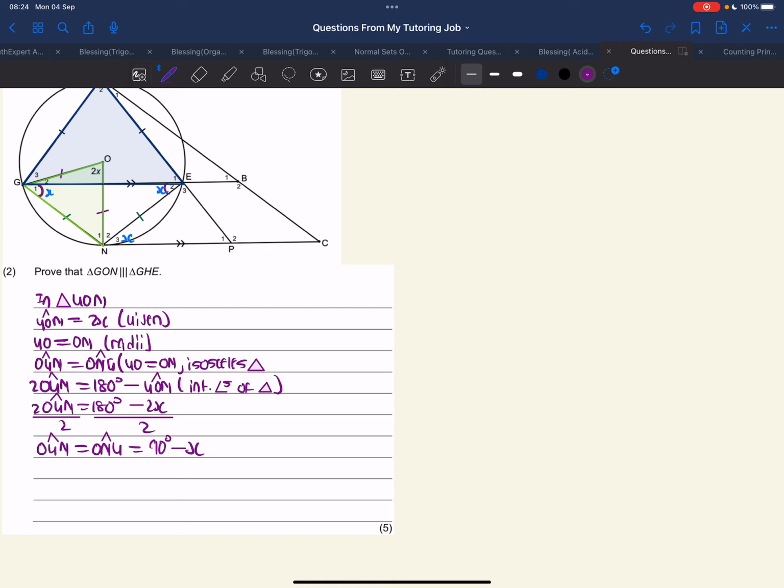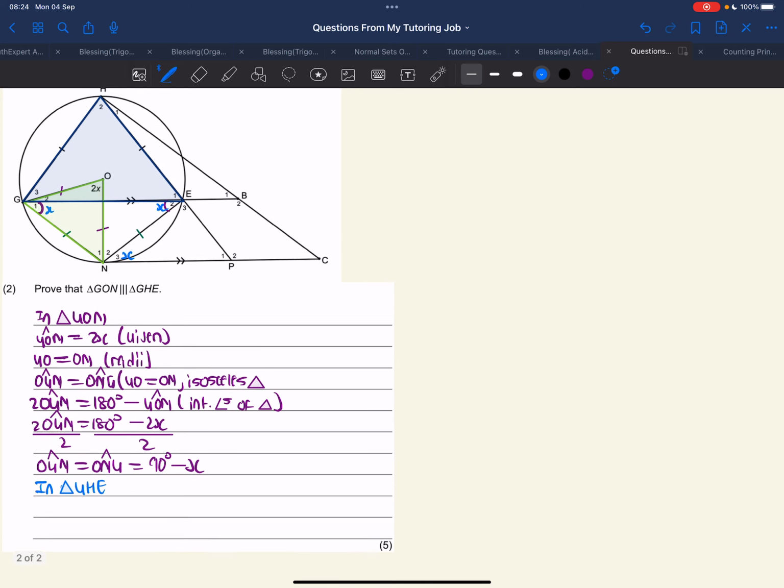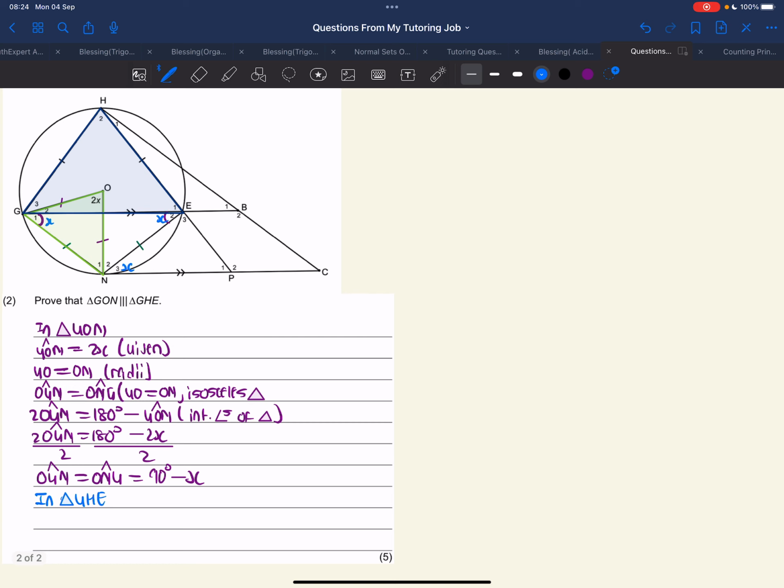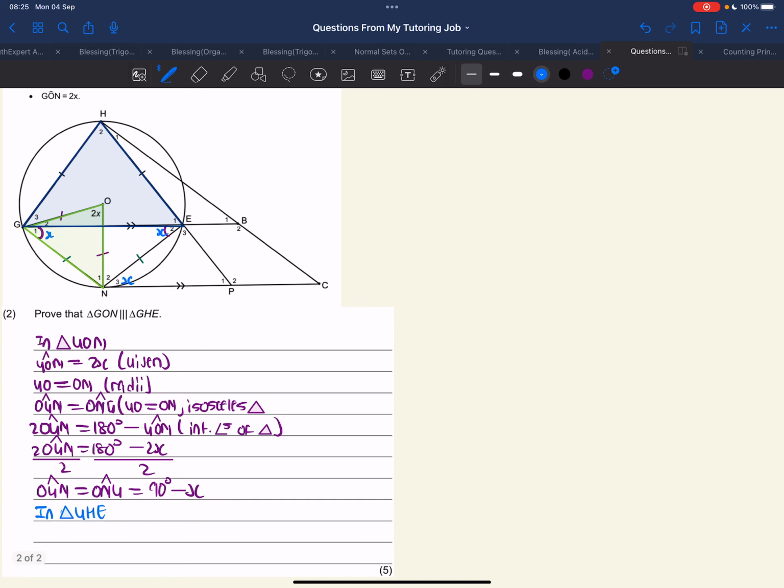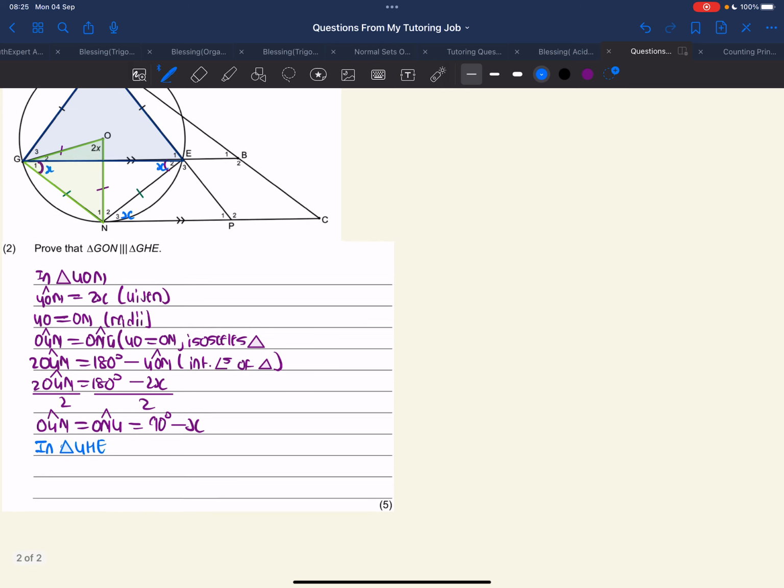All right, now using a different color, in triangle GHE, we are given that HG equals HE, which is given in the question.